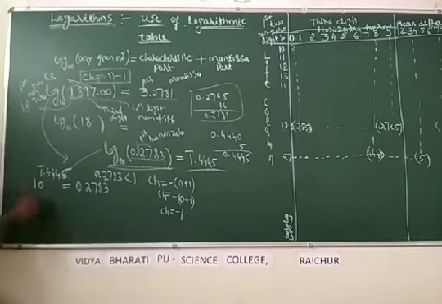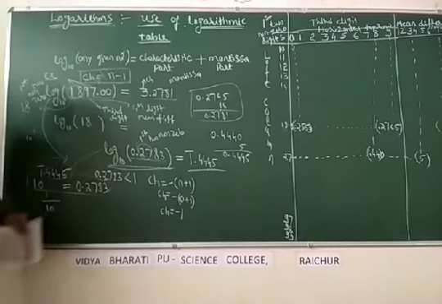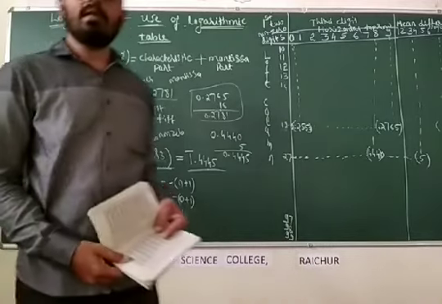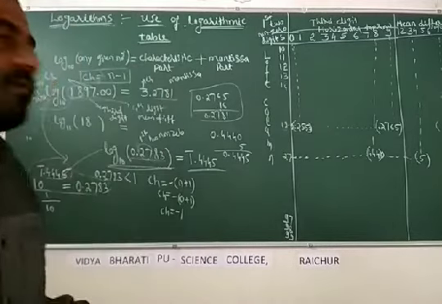Or it can be written like this: bar 1 is written as 1 divided by 10 because this is minus 1. 10 to the power of minus 1 means 1 by 10, which is 0.1. On raising the remaining mantissa part, if you multiply 10 these many times, you will get this number. This is how we can express any given number in terms of a power of 10.